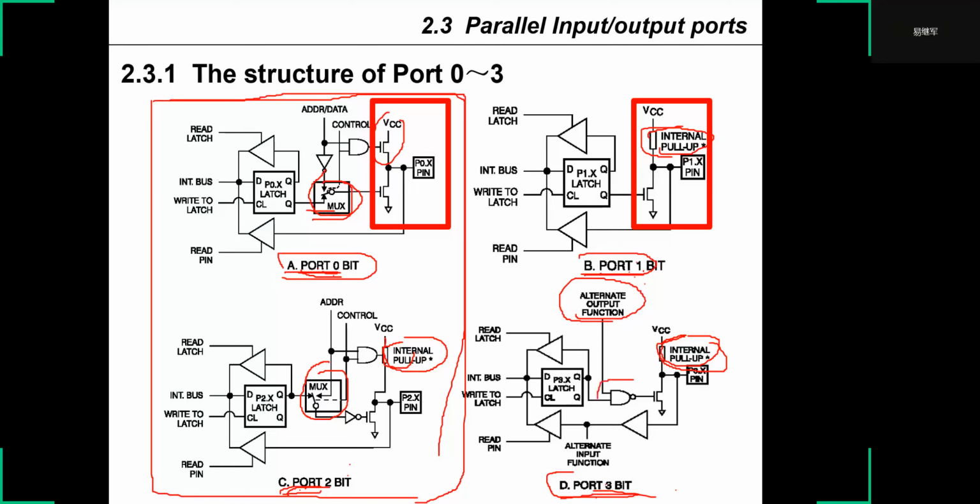Oh, you said this gate. Yes, this gate can change the function to the alternate function. But in port 1 there is no NAND gate, right? So port 1 can only use the output, there's only one function.